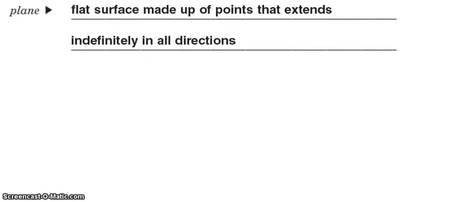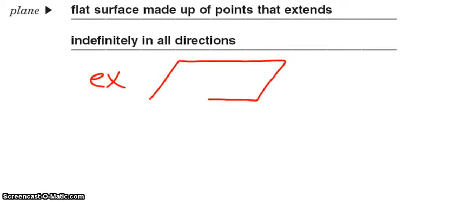The next term is plane. A flat surface made up of points that extends indefinitely in all directions. Example of this. Now that shape right there, your parallelogram, that's going to represent our plane. And we'll put points inside this.